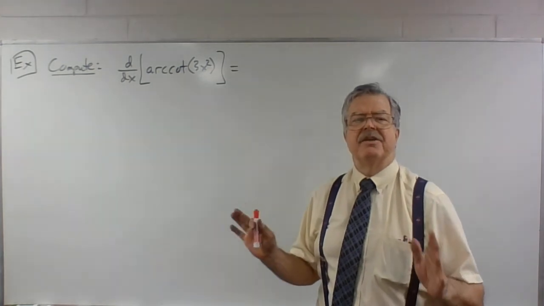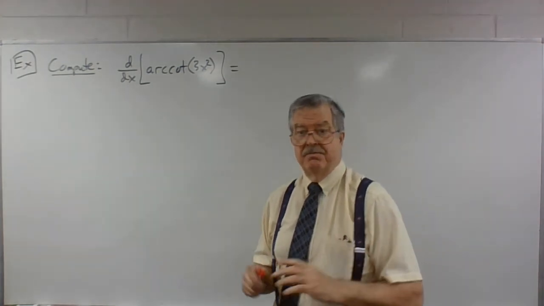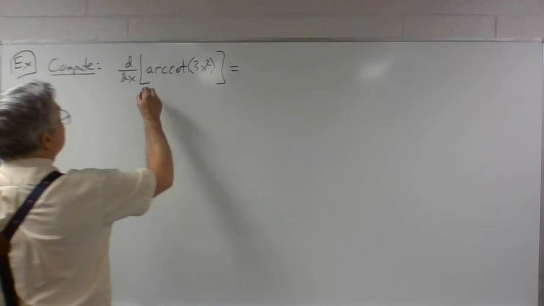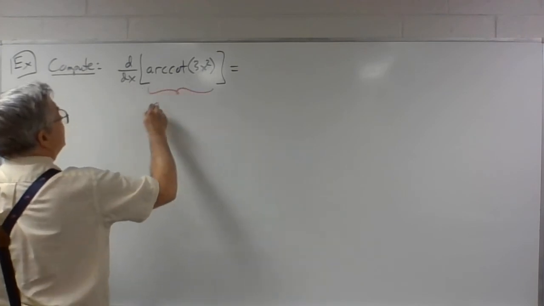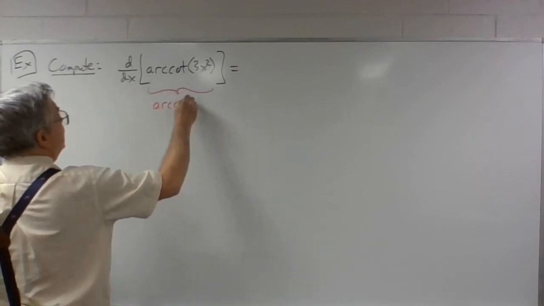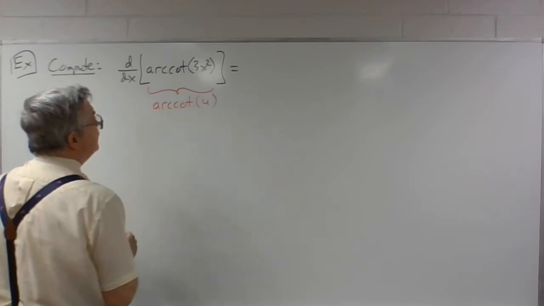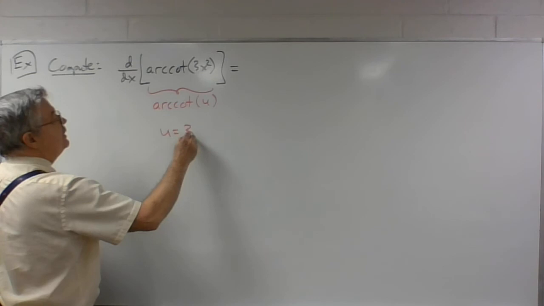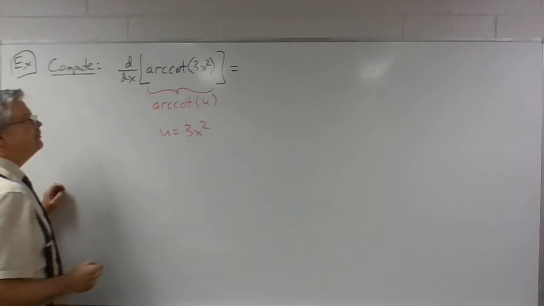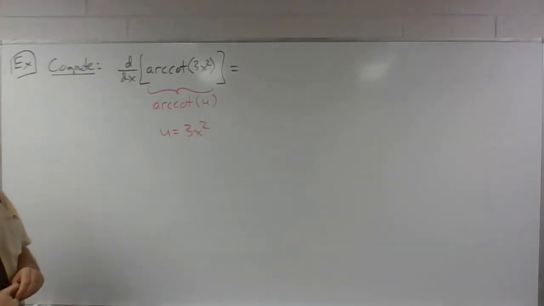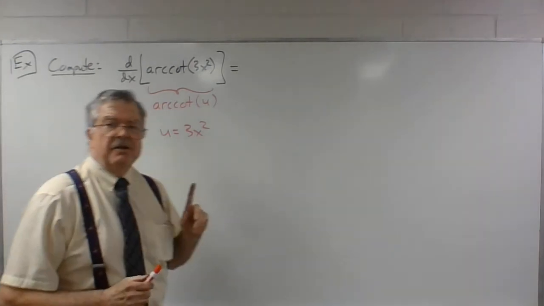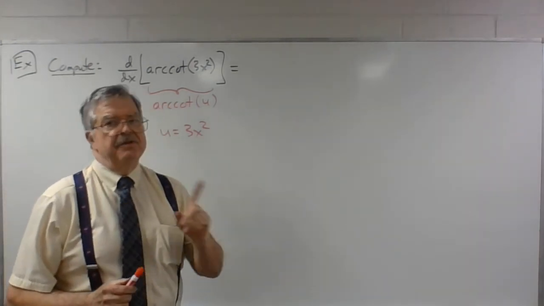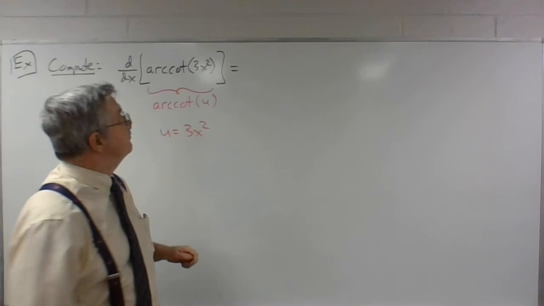Let's rewrite this in terms of u. This is arc cotangent of u, where u equals 3x squared. And let's also write down what the derivative should look like.